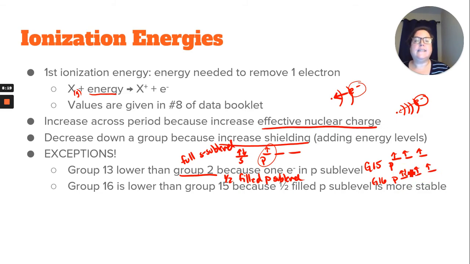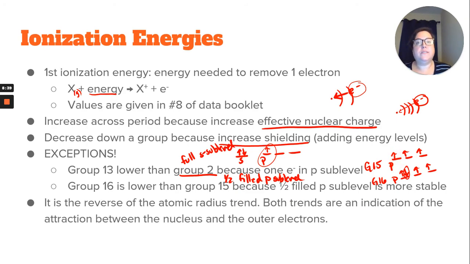So group 16 is going to lose that odd man out, that odd electron that's paired, easier than group 15 would lose one of its 3 unpaired electrons. So full and half-filled sublevels are just a little bit more stable.